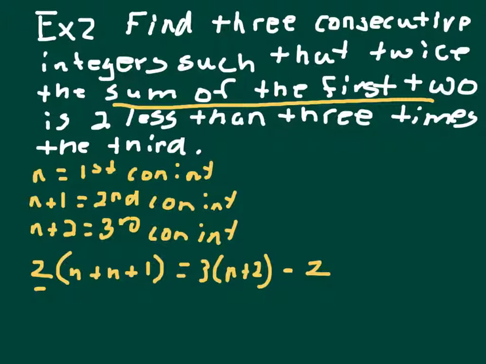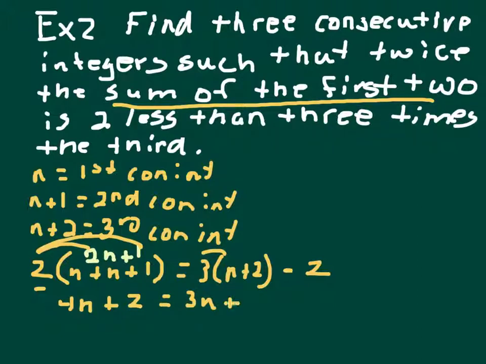Alright, let's simplify. Now here, let's see, n plus n is 2n plus 1 is really what I have in parentheses there. Now I'm going to distribute the 2. So 2 times 2n is 4n, plus 2 times 1 is 2, equals, let's see, 3 times n is 3n, plus 3 times 2 is 6, minus the 2, right?